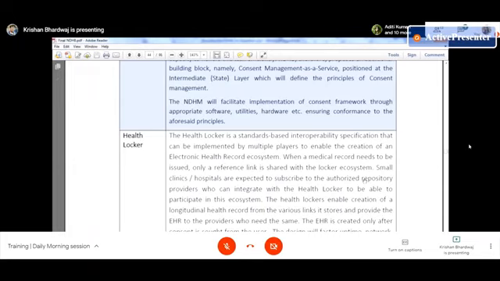Today everything is manual. So what the locker does is it registers the links of all the documents which are actually stored on the authorized repositories. And let us say now I want to share my record with any HR.